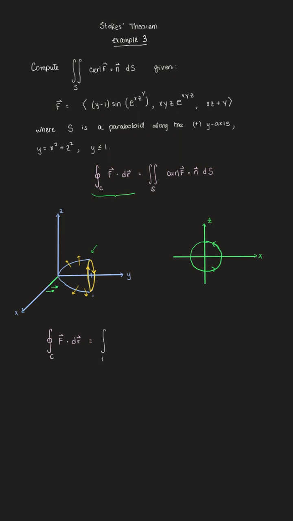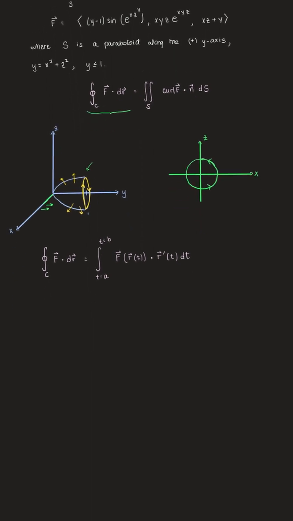So let's say this is from some parameter t equals a to t equals b of the vector field along the curve that we've parametrized, dotted with r prime of t dt. So this is the work that we need to do. And so let's go ahead and do that.